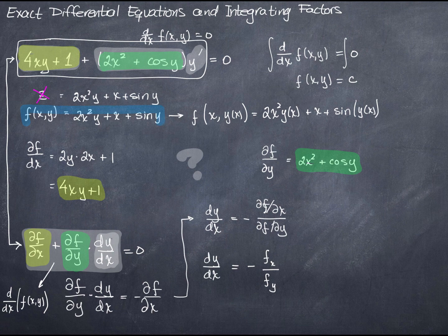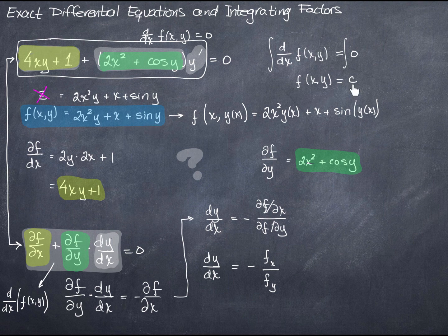So once I know what that function is, the function whose derivative with respect to x gives me this piece of my differential equation, and whose partial derivative with respect to y gives me the other function, the piece next to the y prime, the dy dx, once I know what that function is, then that's my solution.